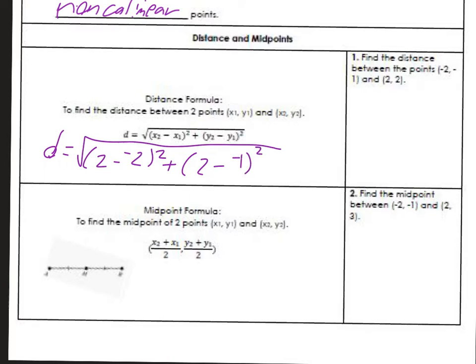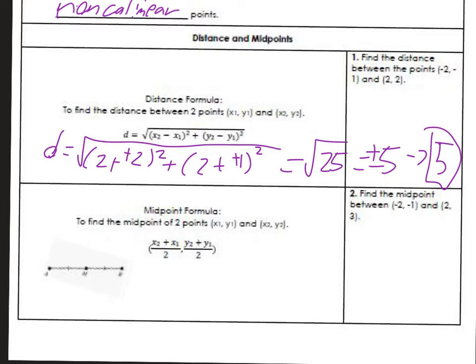When you subtract a negative, that's the same as adding a positive. So we have 4 squared is 16, 3 squared is 9, 16 plus 9. This is the square root of 25, which is equal to plus or minus 5. But since we can't have negative distance, we say it's just 5.